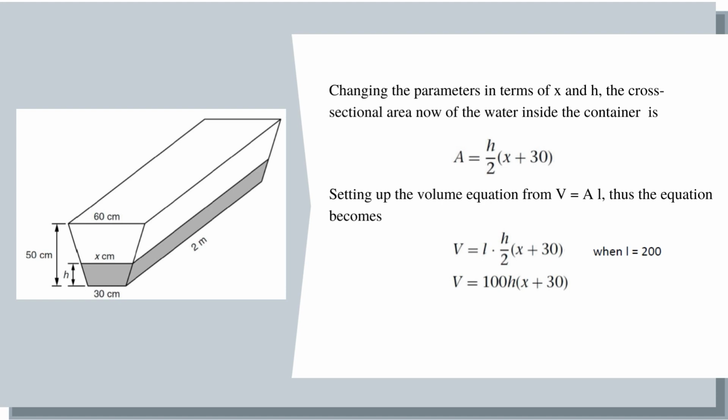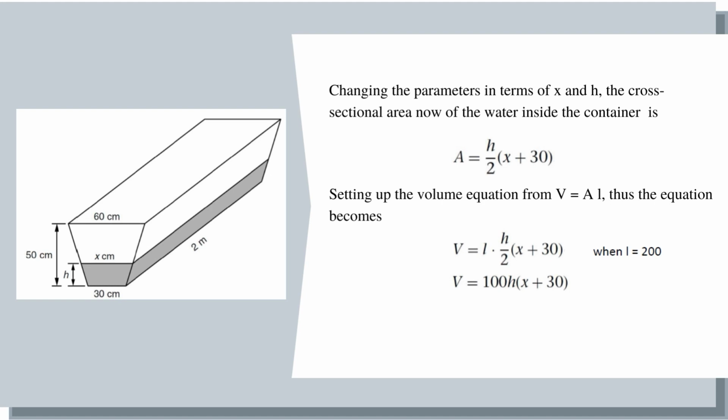Now, substituting all the possible constants in the equation, like the length of the container, which also serves as the length of the volume of the water inside the container. Then, changing these meter units to centimeters to express all the parameters in the equation in terms of centimeters. Then, the length now would become 200 centimeters.